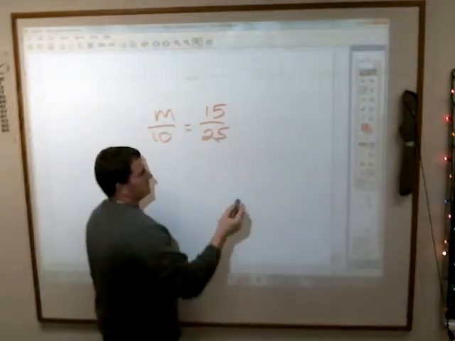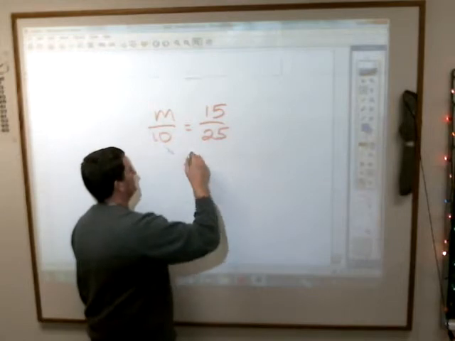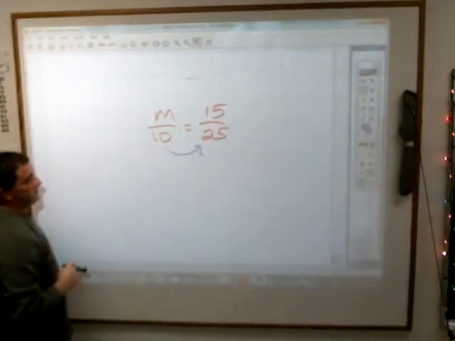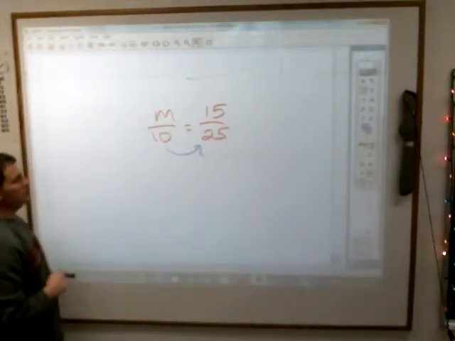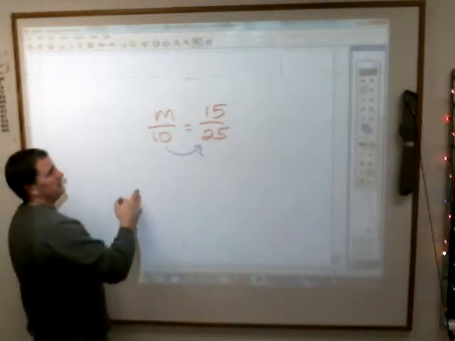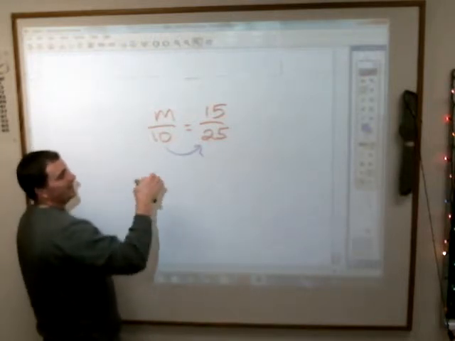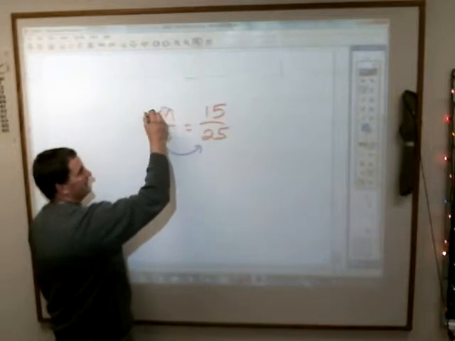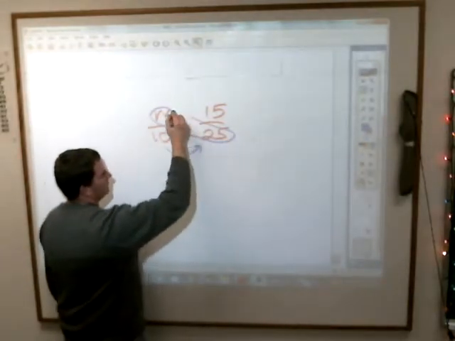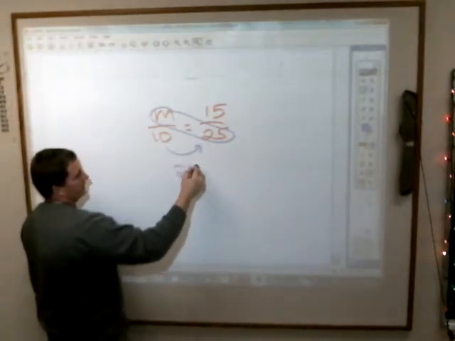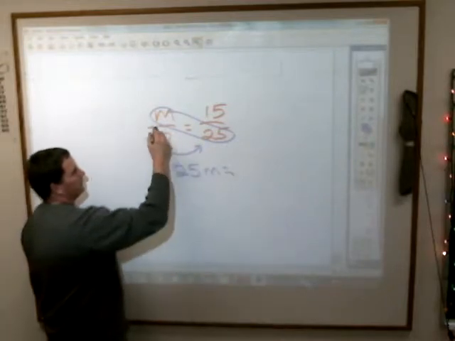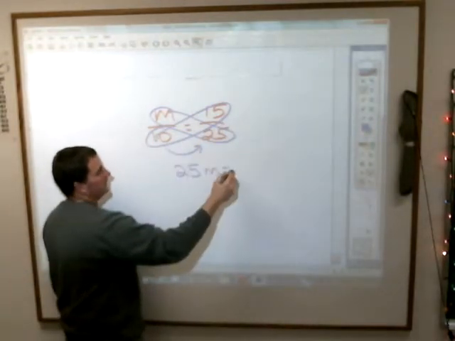You look at this and go, well, there's nothing times 10 that'll give you 25, well there is, but it would be kind of goofy. So you're going to solve this like we just did. I always like to do the one that has the letter first. So I'm going to do 25 times what number equals 10 times 15.